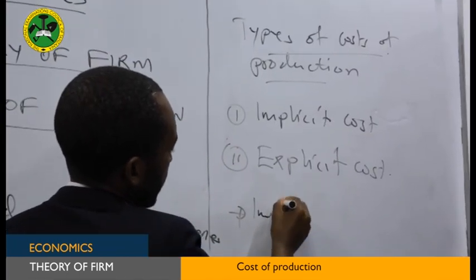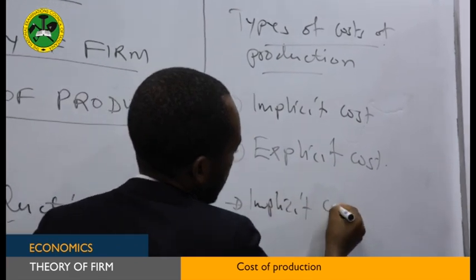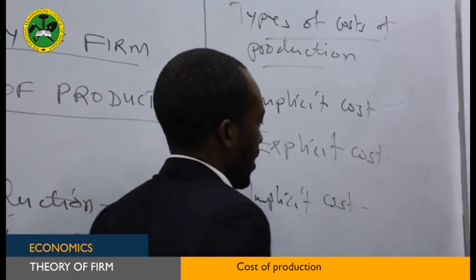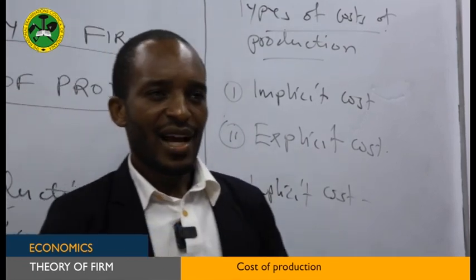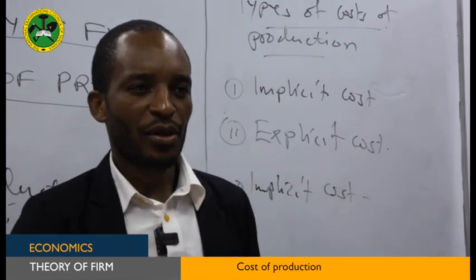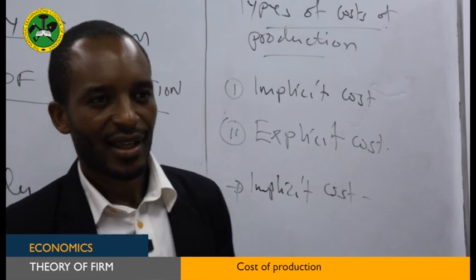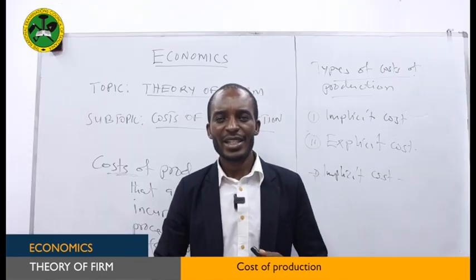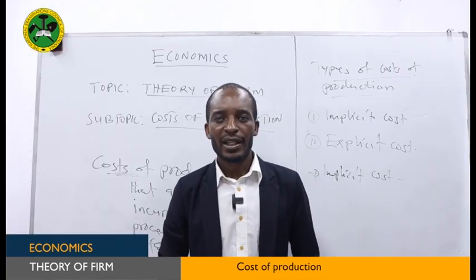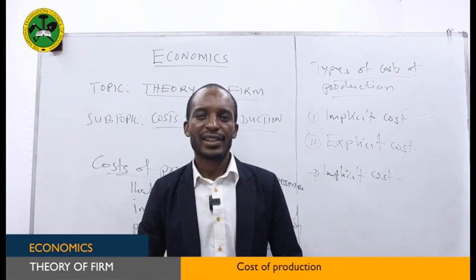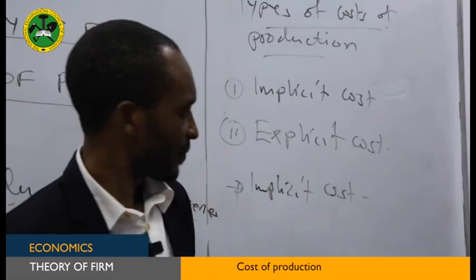Now let us start with implicit cost. Implicit costs are benefits or advantages a firm or a businessman gives up in order to conduct another activity.